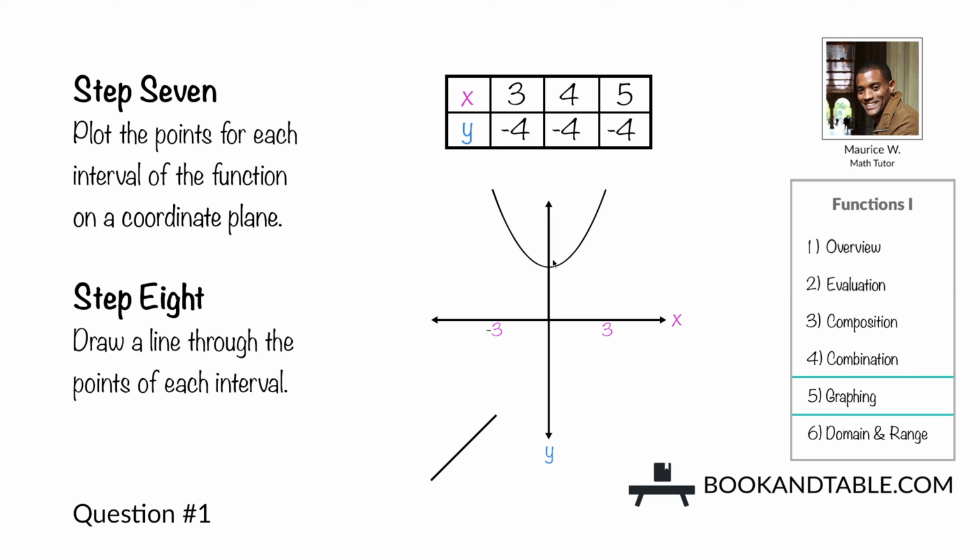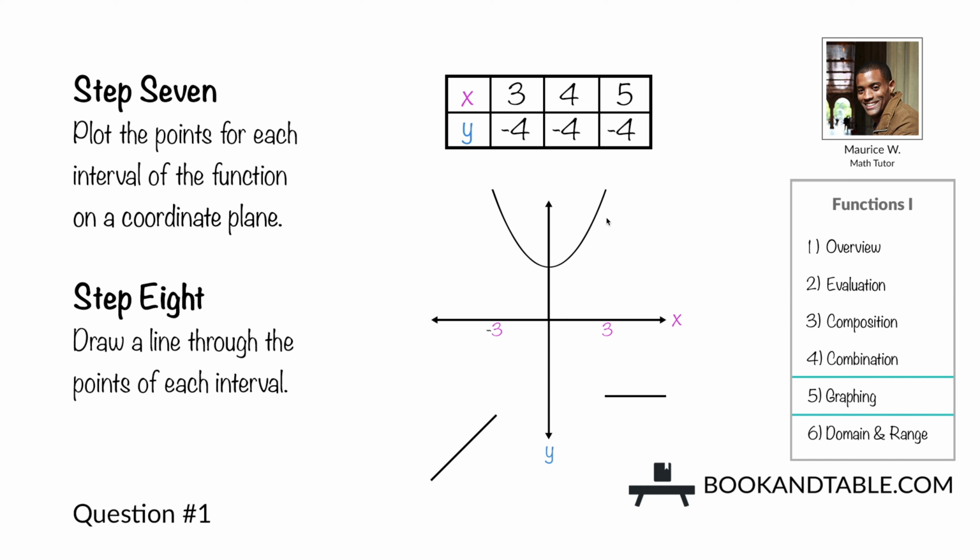And now for the third interval, the first point is 3, negative 4. The second point is 4, negative 4. And the third point is 5, negative 4. And now we can sketch the third interval of this piecewise function by drawing a line through the points.